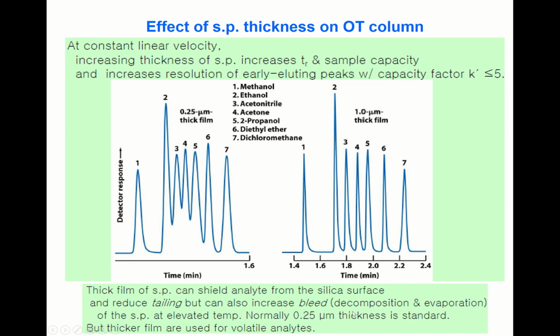Bleed is the decomposition and evaporation of a stationary phase at elevated temperature. Normally, 0.25 micrometer thickness is standard, but thicker films are used for volatile analytes. Look at that here: increasing the thickness of the stationary phase reduces the tailing.